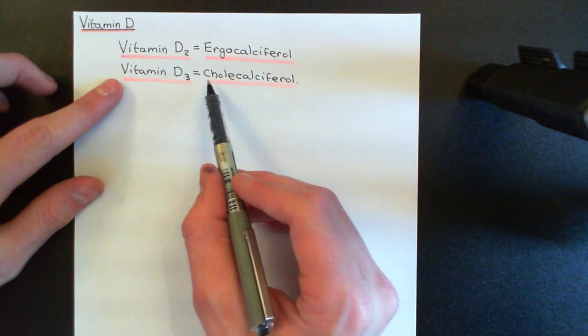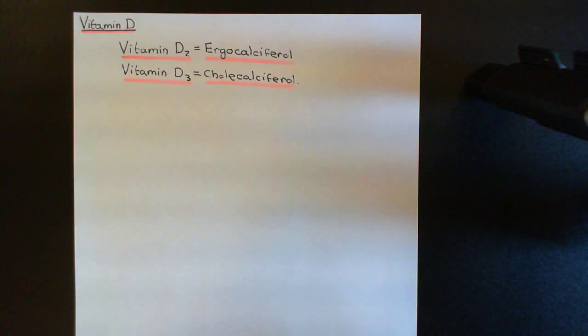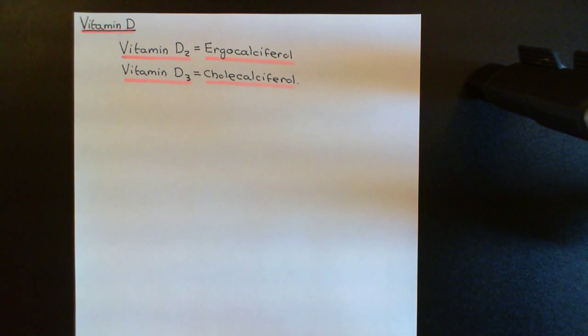So when people say, go out in the sun, it'll give you vitamin D, this is the one that they're actually talking about, vitamin D3, because in the skin, you are capable of converting 7-dehydrocholesterol into cholecalciferol when your skin is exposed to ultraviolet radiation.